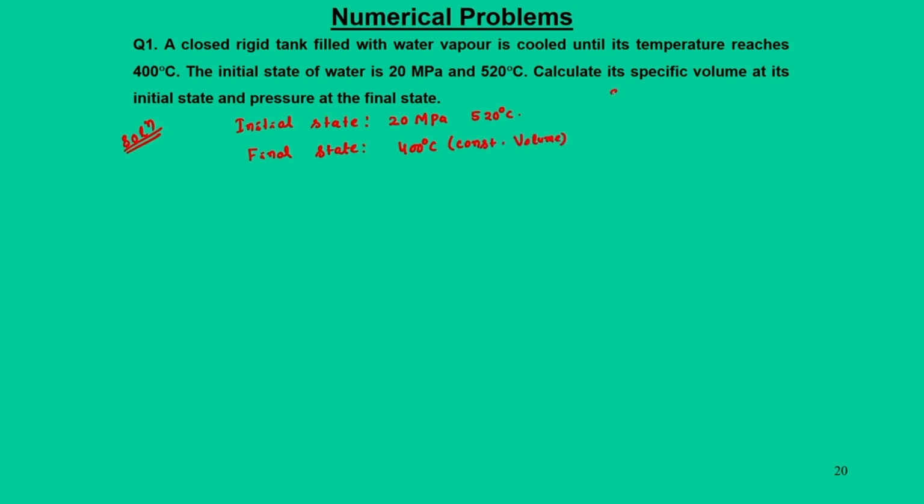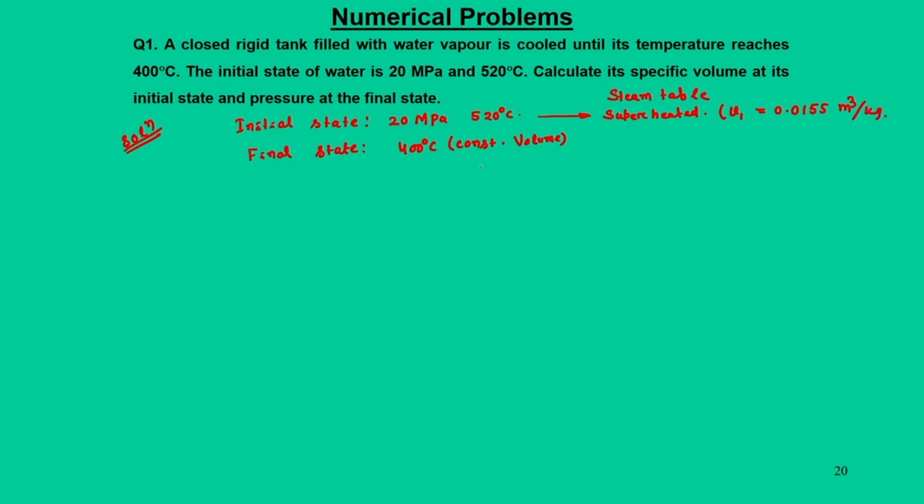From the steam table, for this initial state we refer to the superheated region, and we can find its specific volume V1 as 0.0155 meter cube per kg.